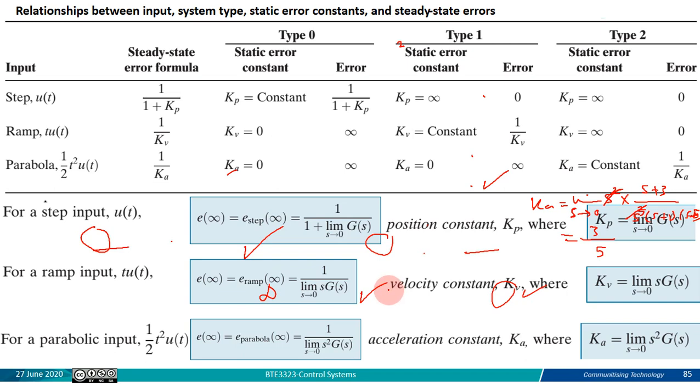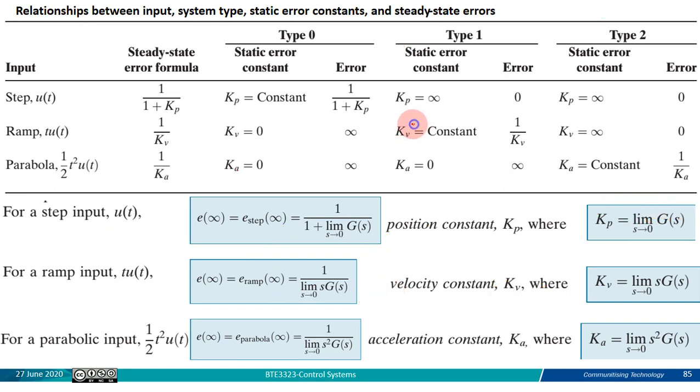You have the different inputs: step function, ramp function, parabolic function. You have the steady state error formula for each one. The first is 1 over 1 plus Kp, the second is 1 over Kv, and the third is 1 over Ka. Then you have the values for the different system types.